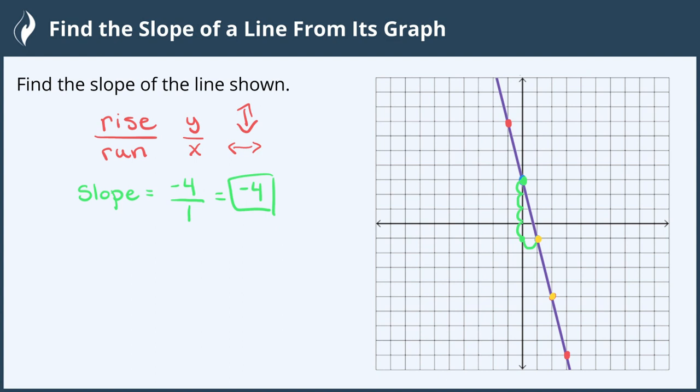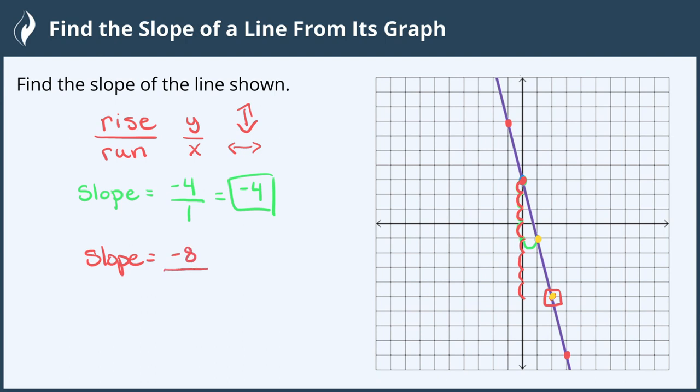So I'm going to change this to red. And let's say we start here at this point again. And we're going to go to this second yellow point here. So I am moving down 1, 2, 3, 4, 5, 6, 7, 8. So for this slope, the rise was down 8 units.